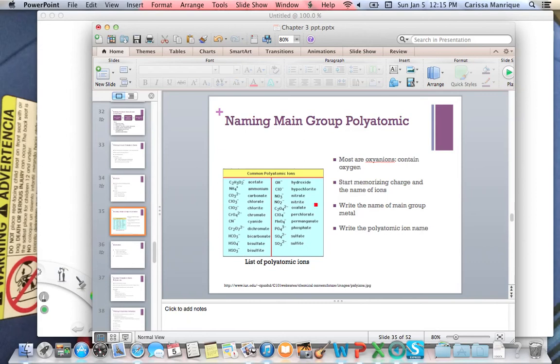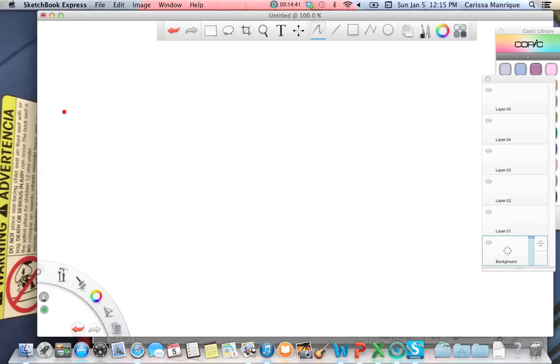The other trend that you're going to see is with the oxygens. If I write these down for you, with the least amount of oxygen, you have your ites.